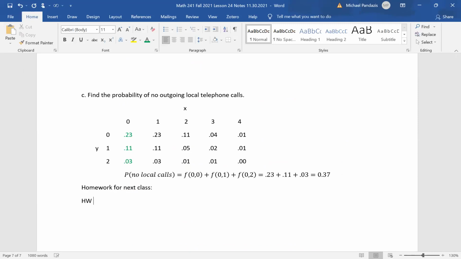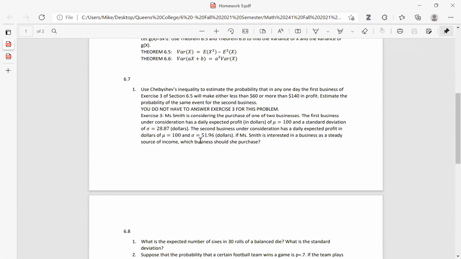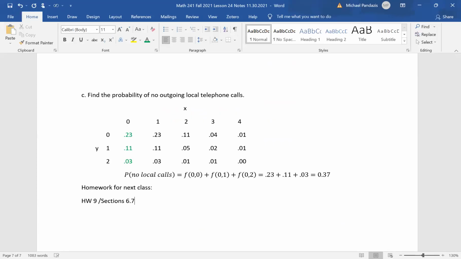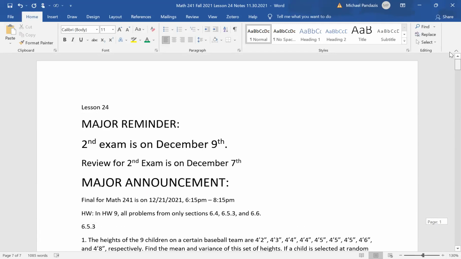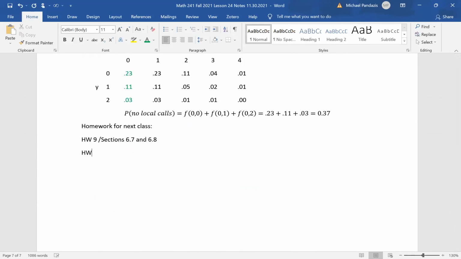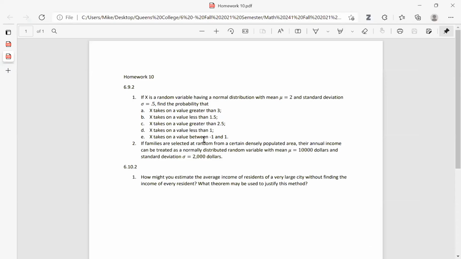In homework 9, sections 6.7 and 6.8. And also homework 10. I want you to do all of homework 10, these 2 sections.